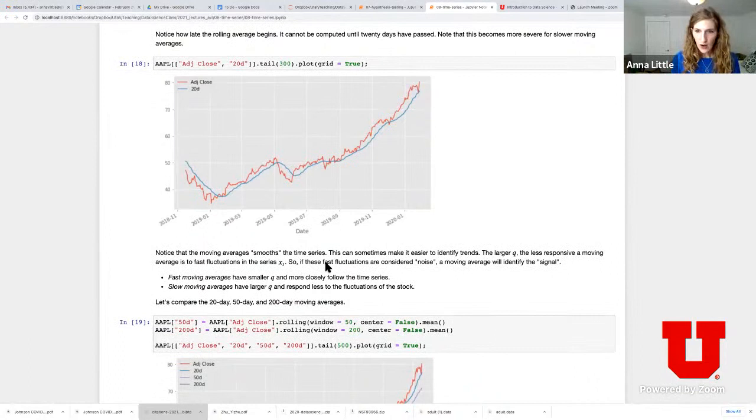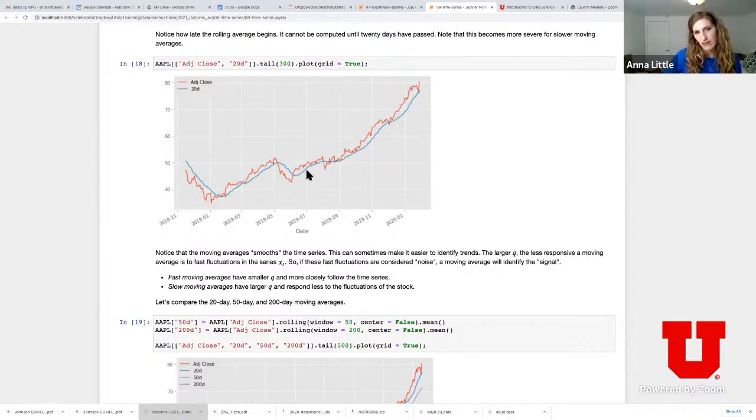One thing to keep in mind: this is really nice, we've smoothed the curve. But the bigger you choose Q, the more you're going to smooth that curve out, and that can be both good and bad. It's nice to have a smooth curve, but if you smooth it too much, you may wash out all of the signal in it.